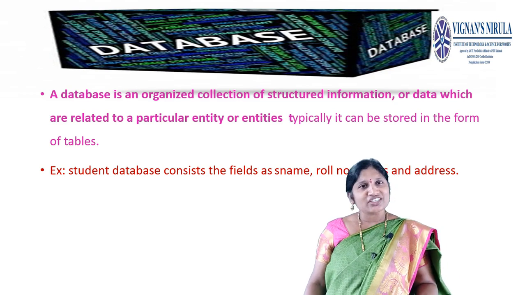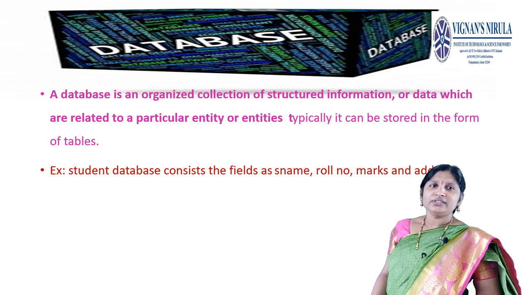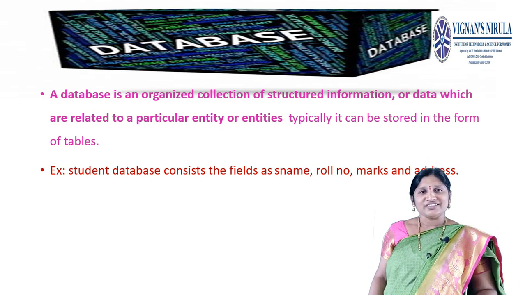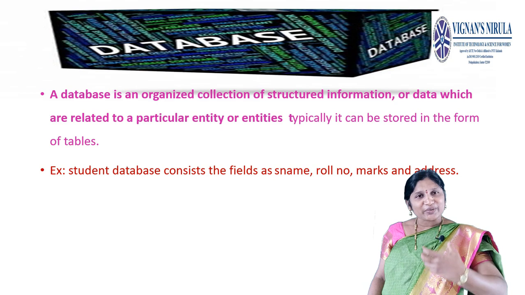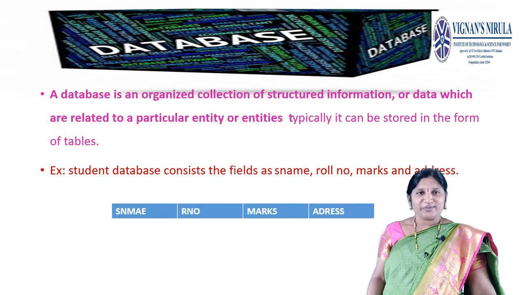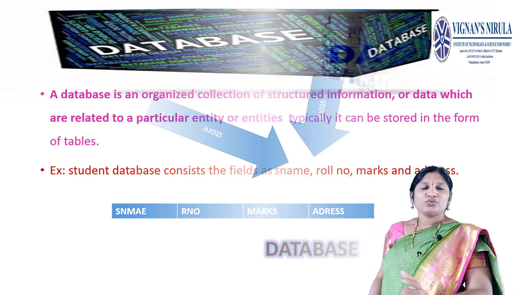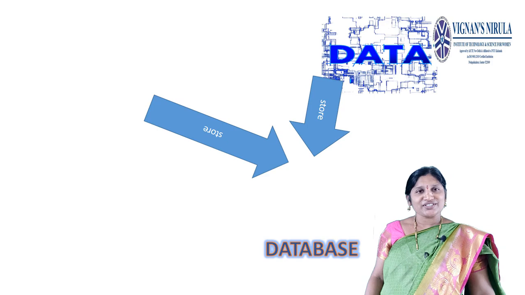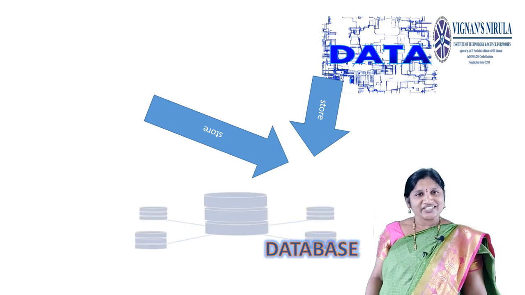What are the data items that are relevant to students? Roll number, name, address and marks. All these data items, once collected for all the students, are called a student database. This figure clearly explains what a database is.